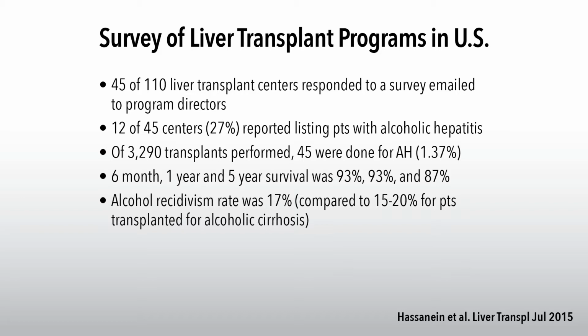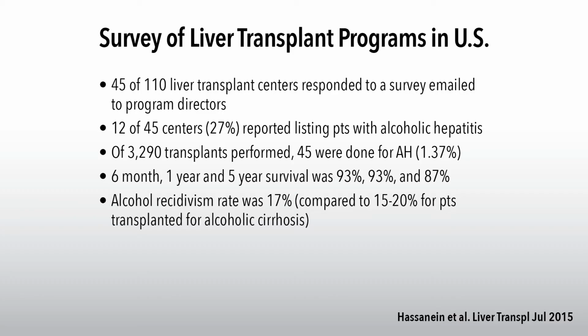So out of 3,290 transplants performed in this cohort, only 45 were done for severe alcoholic hepatitis, or 1.37%. The survival in this group of patients was 93% at 6 months, 93% at 1 year, and 87% at 5 years. The alcohol recidivism of this group of patients was 17%.